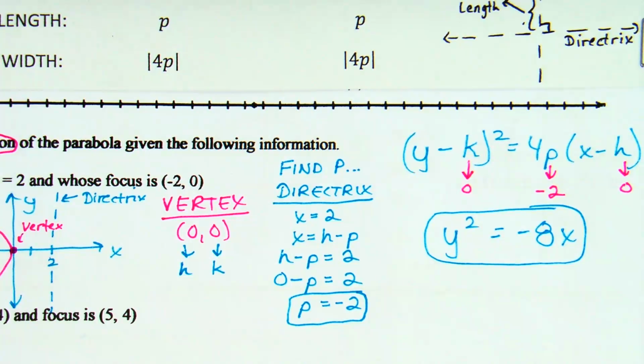Now, try to make a connection here. If I would have asked you what's the equation of a parabola before today, what would you have said? y equals x squared, right? So y equals x squared is a parabola that opens up or down. What makes it open down?